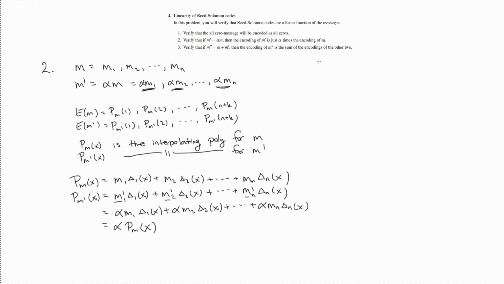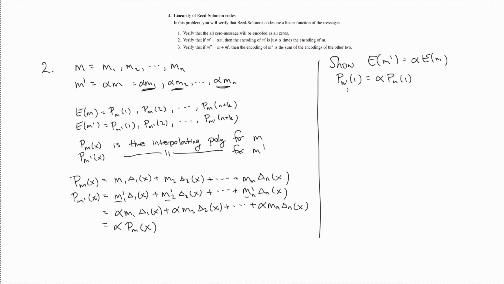Now remember, we wanted to show that the encoding of m prime is equal to alpha times the encoding of m. This is showing that p sub m prime of 1 is equal to alpha times p sub m of 1.